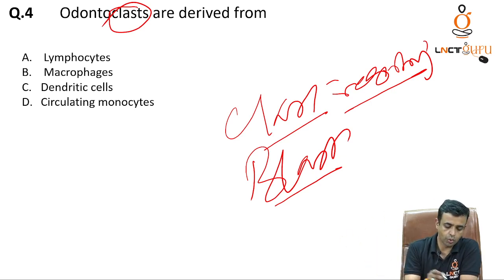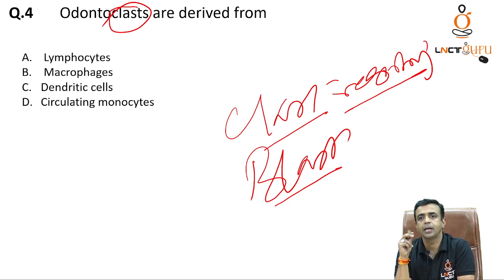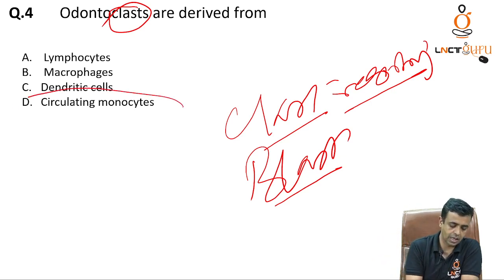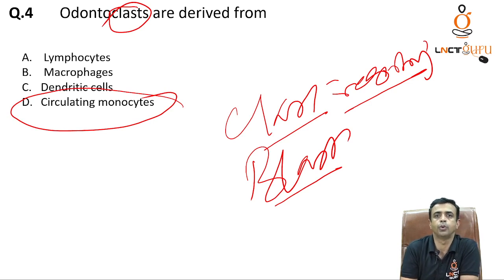So these odontoclasts are nothing but the circulating monocytes converted into clast cells. Osteoclast, odontoclast. So wherever the clast word is used, it means this is a resorbing cell, and all resorbing cells are formed by the circulating monocyte. So option D is correct.